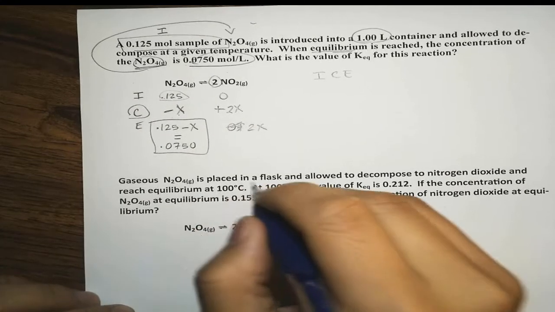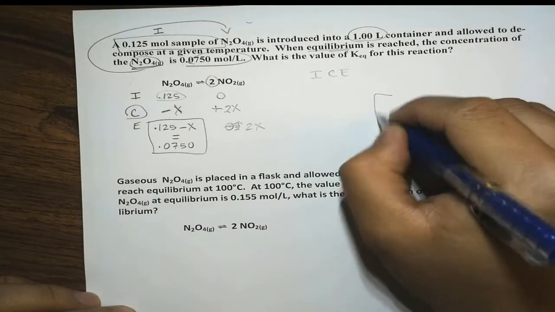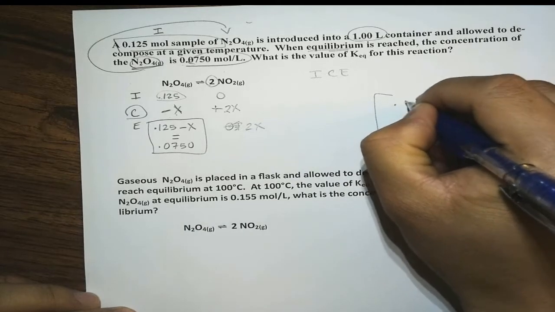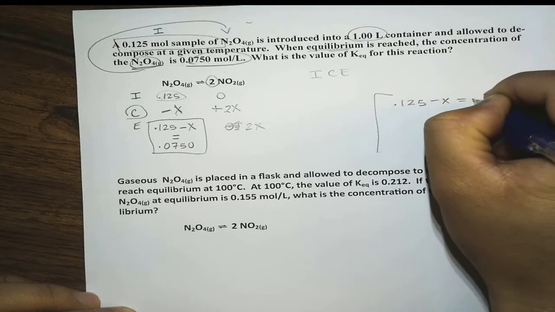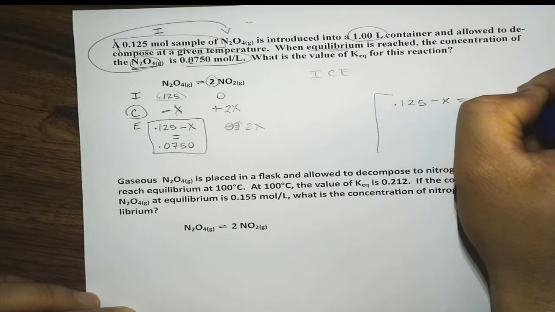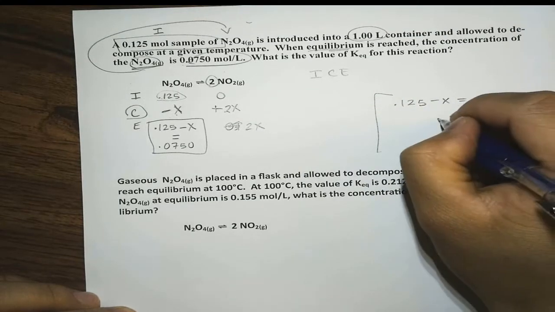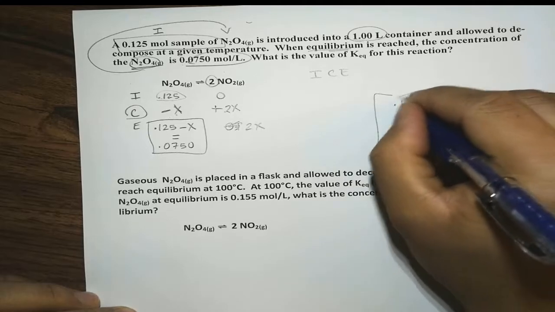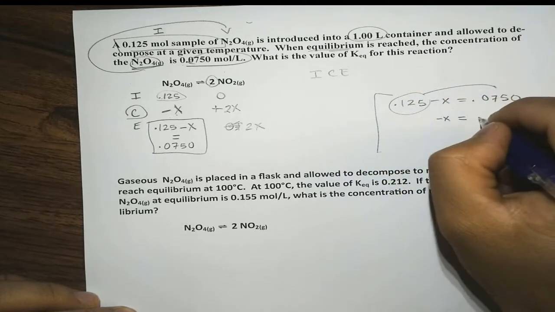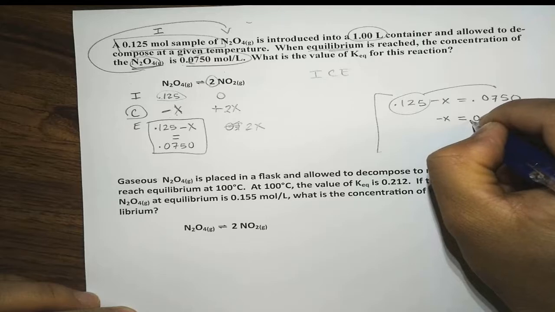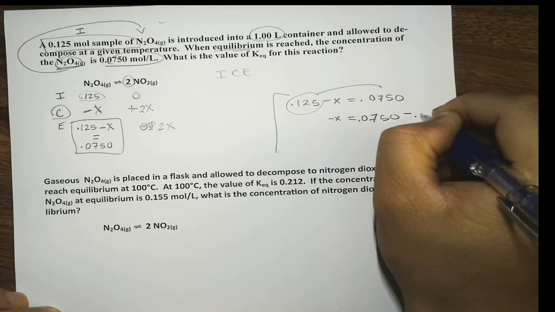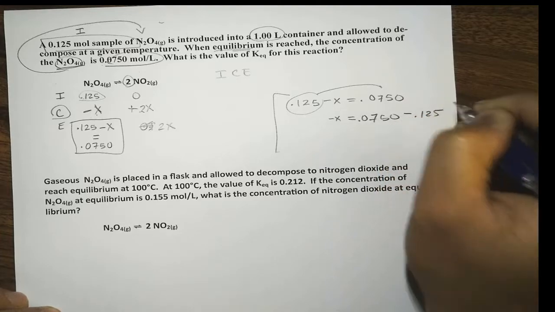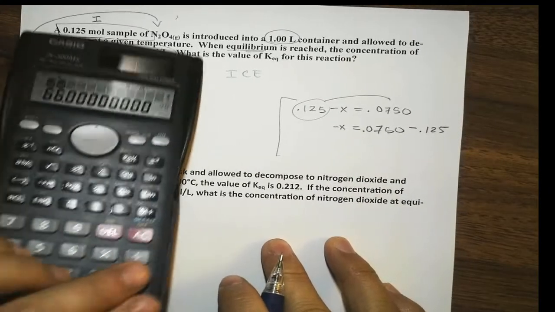So we can express this in terms of an algebra equation, right? So we can solve for X. Let me do it on this side right here for you, so that way you can see how the math works. So 0.125 minus X equals 0.0750. What is X going to be? Of course, minus X. And we bring this over here, so we have 0.0750 minus 0.125. Let's plug this into our calculator.